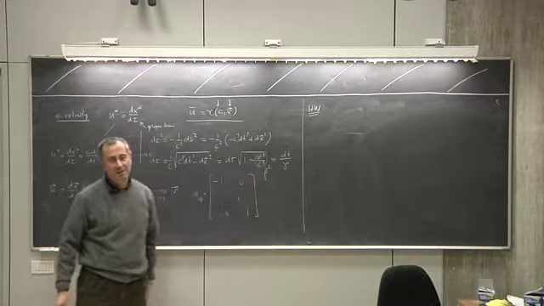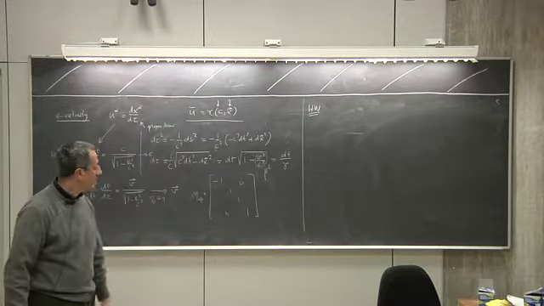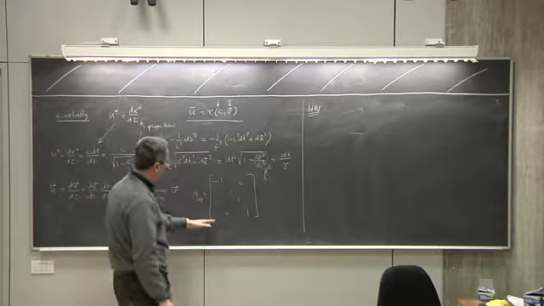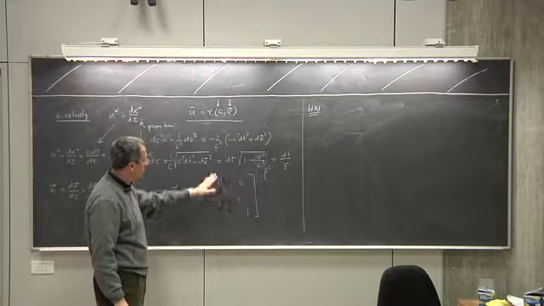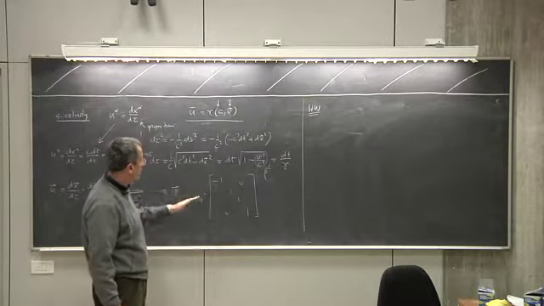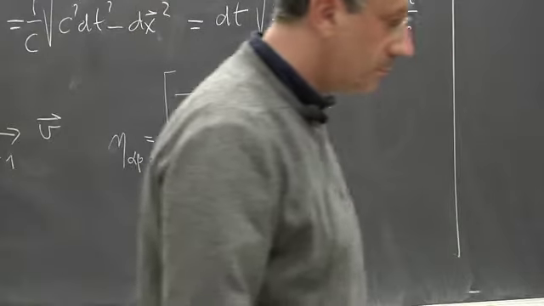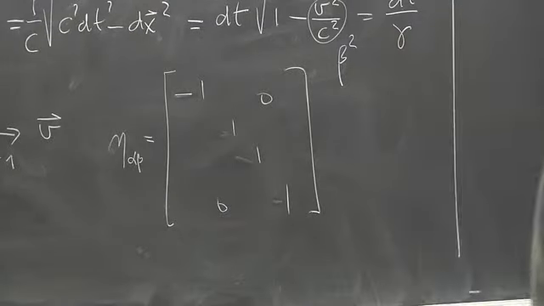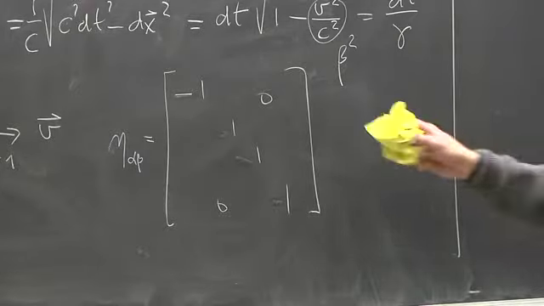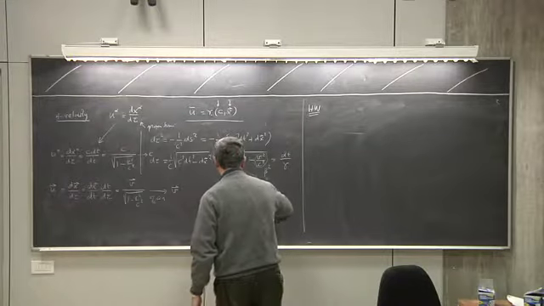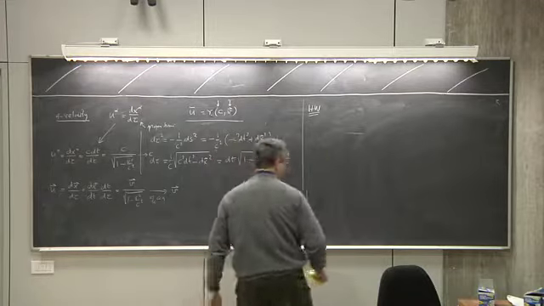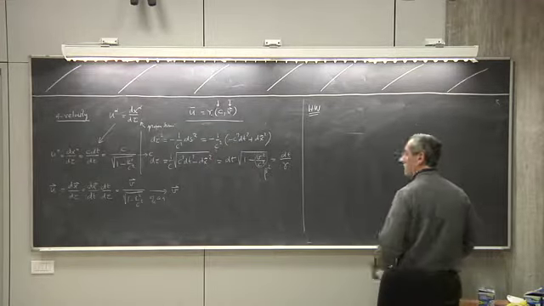But I don't know. I think most of the recent books use this metric. Some of the older ones use the other one. But everything is exactly the same, as long as you are consistent.